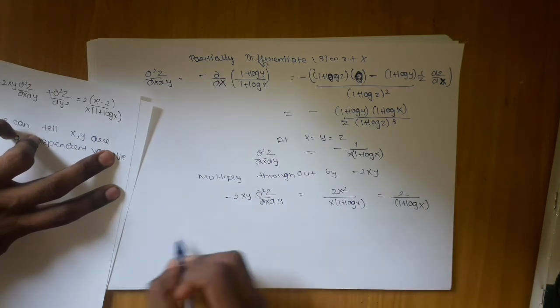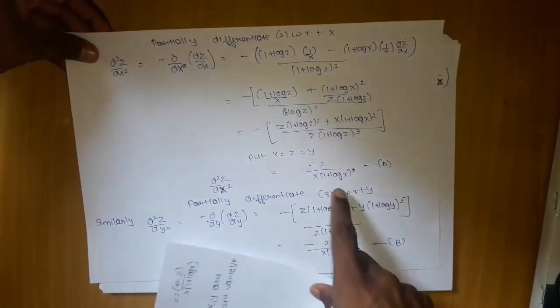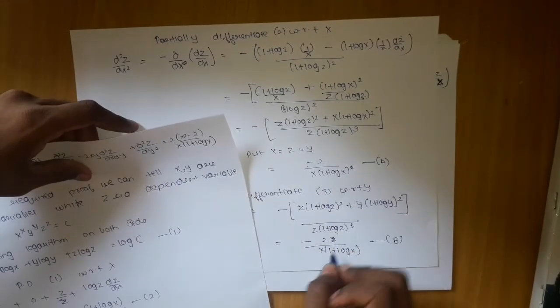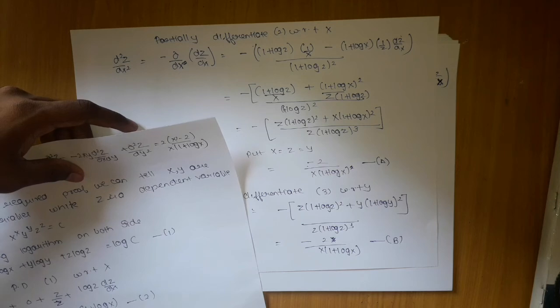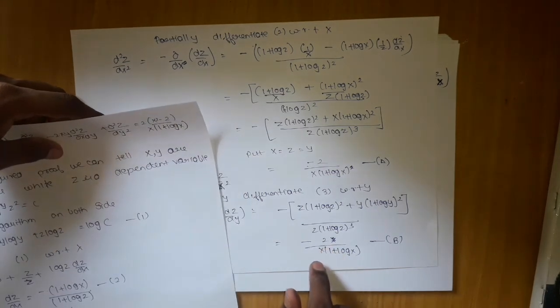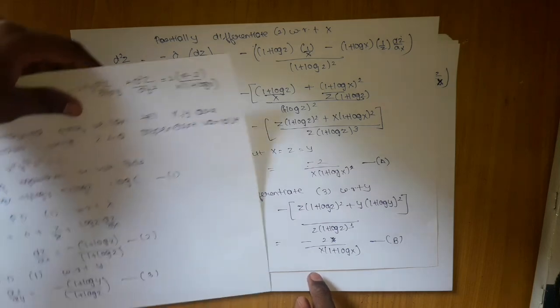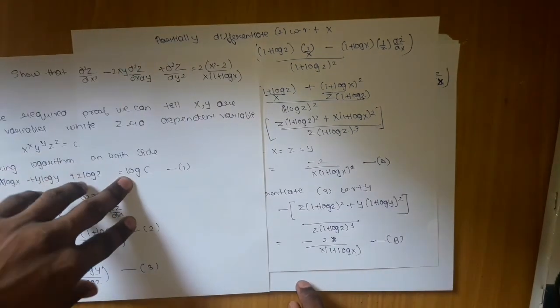If I put all these values, I have one value as minus 2 by x log x, one value more as minus 2 upon (1 plus log x), which will give me finally the value.